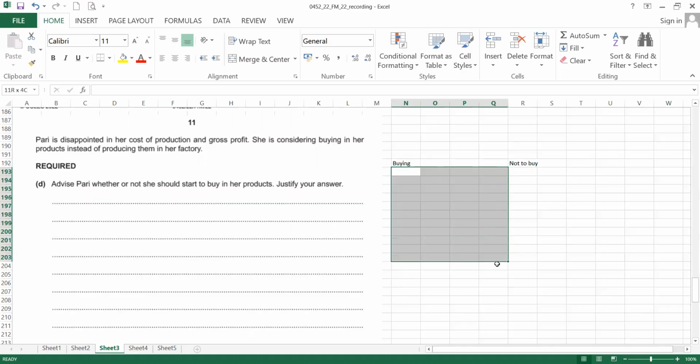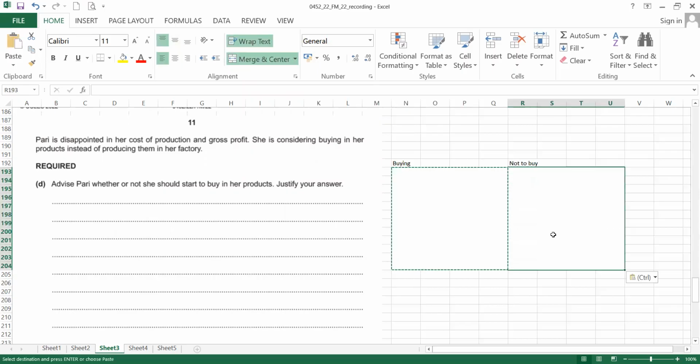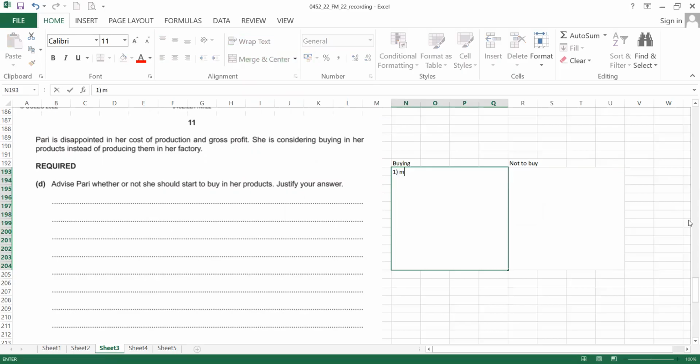So number one, maybe cheaper than produce. So this is possible.